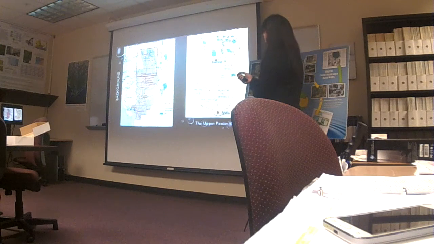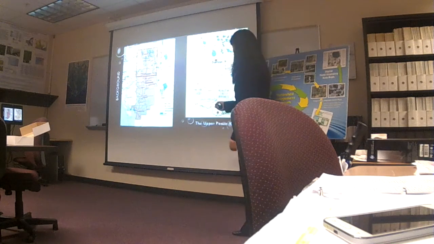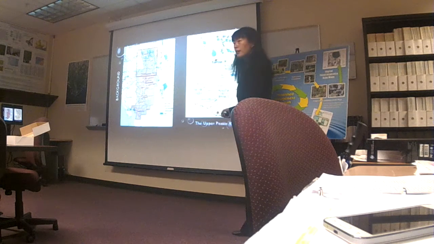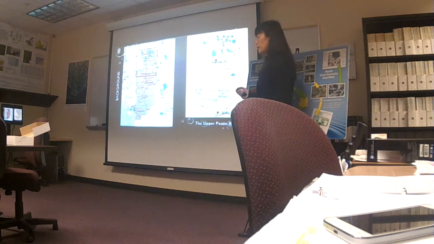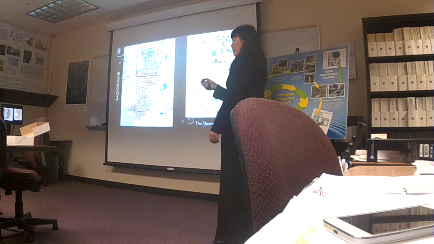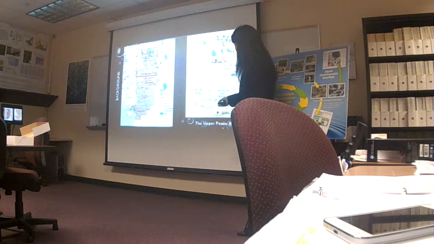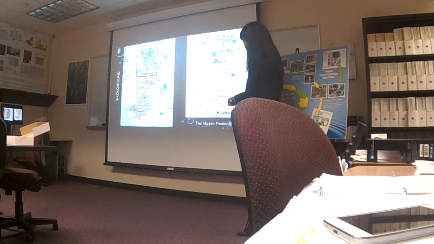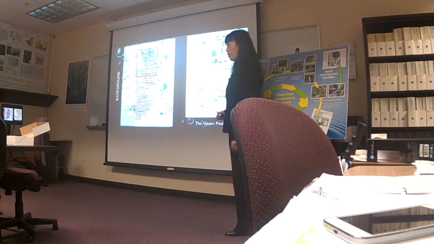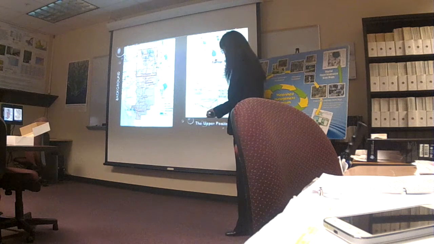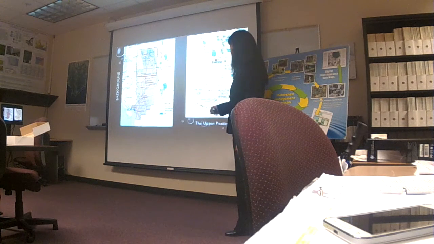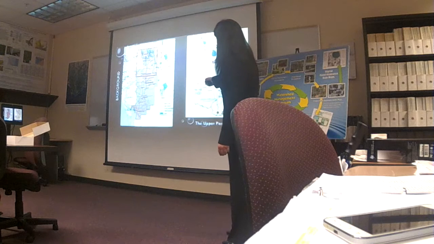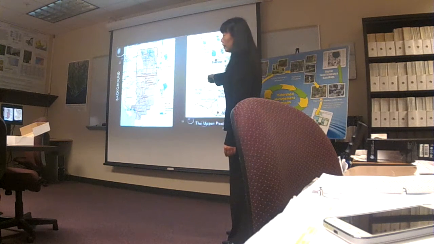I'm not sure if you are familiar with the Peace River. It is very close to the south end of our district boundary. This is Charlotte Harbor, and Orlando is somewhere here, right?